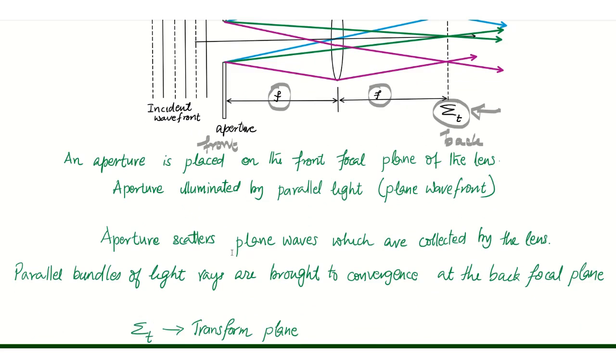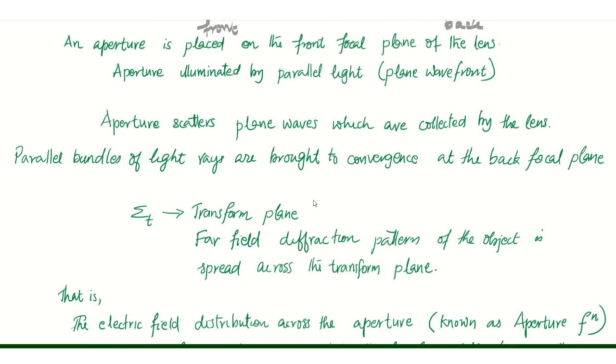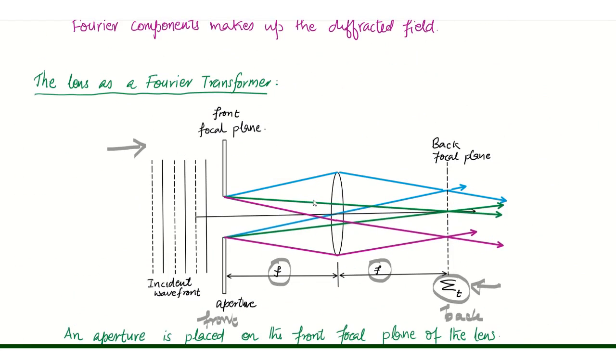In the aperture illuminated by a plane wavefront or parallel light, the aperture scatters plane waves which are collected by the lens. The scattered light in the parallel rays going to the lens will focus at a particular point.